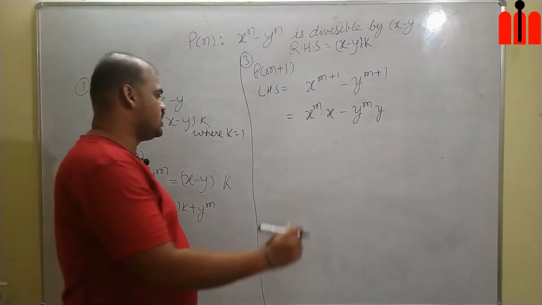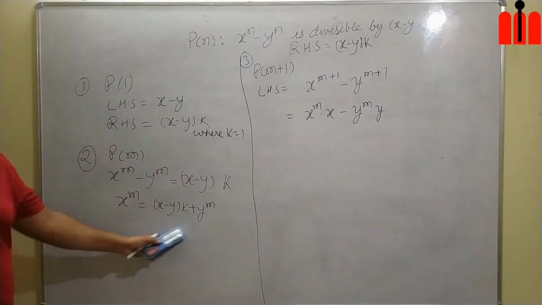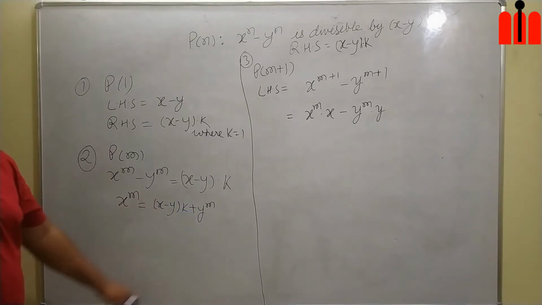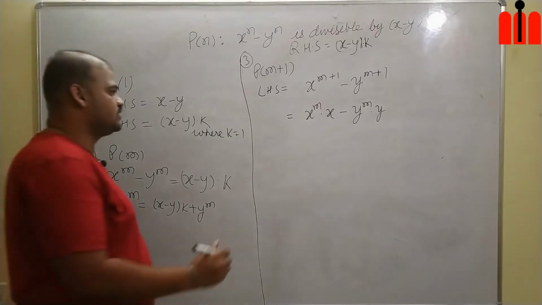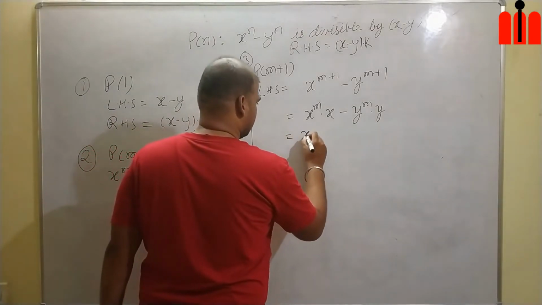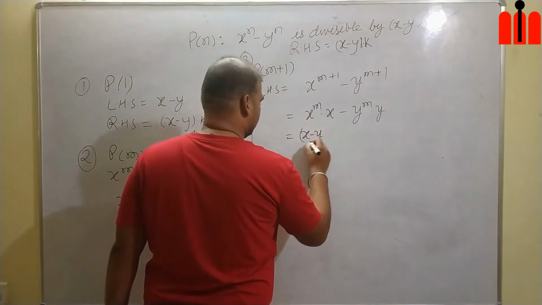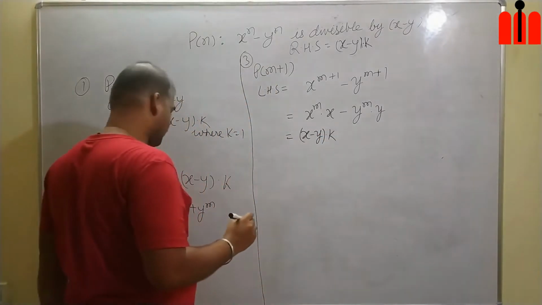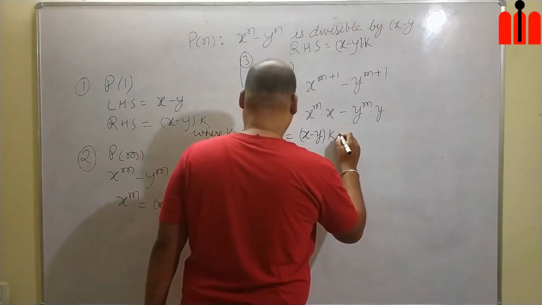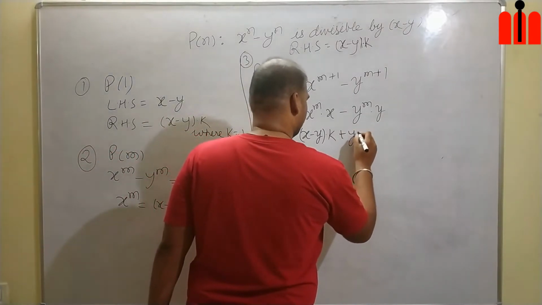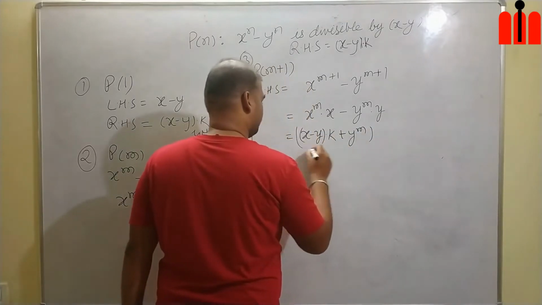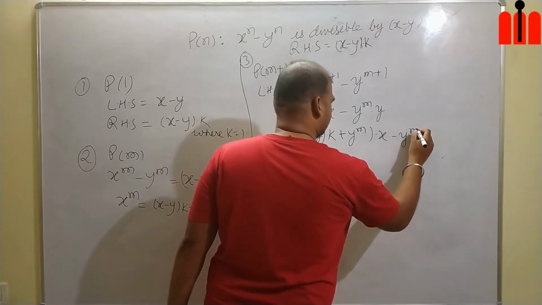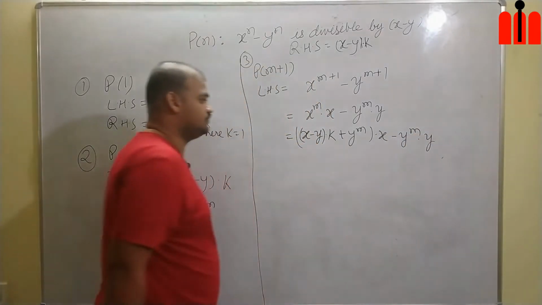Now here x to the power of m I will substitute from here, so it will be x minus y into k plus y to the power of m, into x, minus y to the power of m into y.